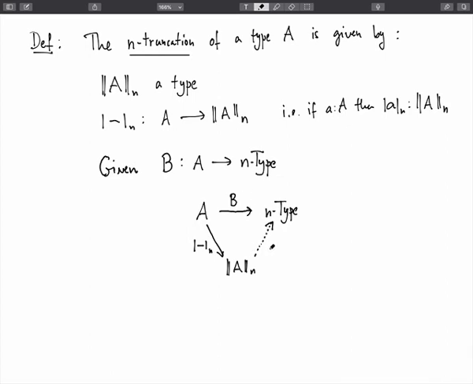There is something here, I'll call it B prime, such that this commutes. So this is the sort of thing you would want to say.